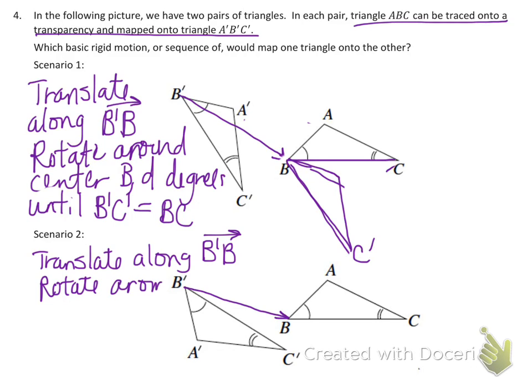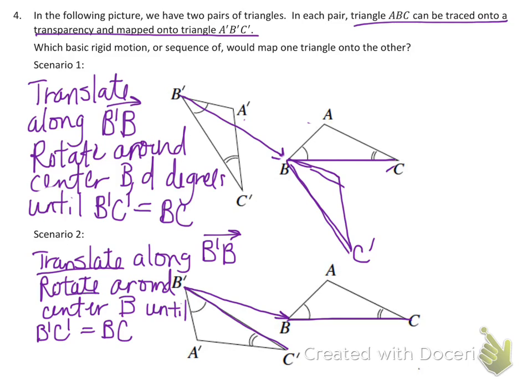Rotate around center B until B prime C prime and BC coincide, until B prime C prime coincides with BC. And then, so I translated, then I rotated, and then I'm still going to have to reflect.